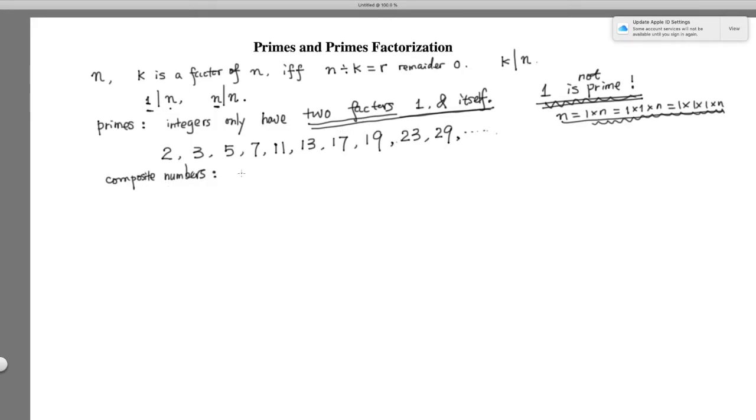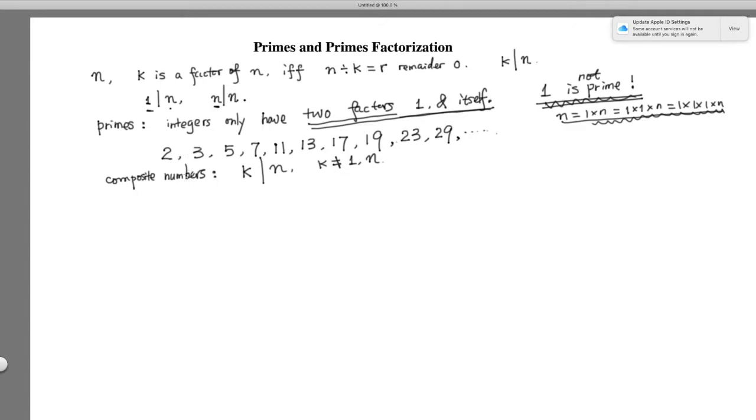So a composite number will have a divisor k, where k divides n, and k is not 1 or n itself. Or you can think about it in a complementary way: a number that is not a prime number is a composite number.